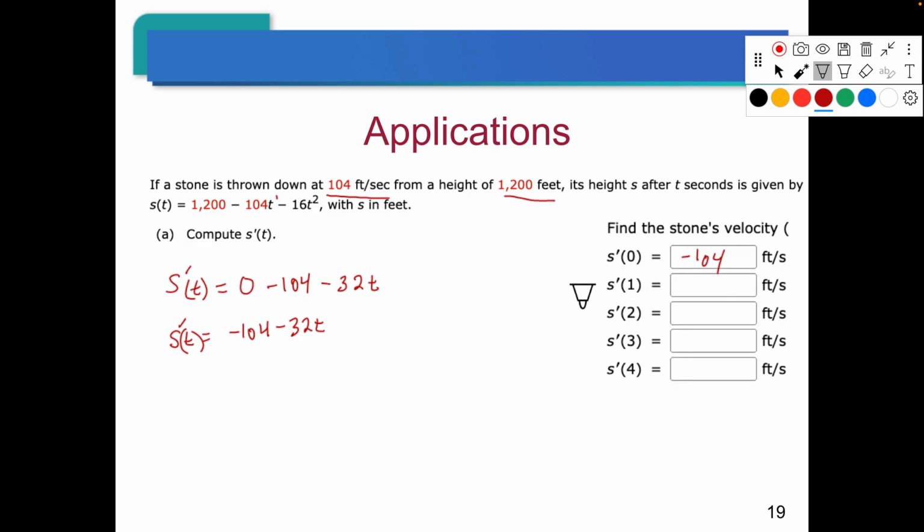If we put in 1, so yeah, negative 136, arithmetic.